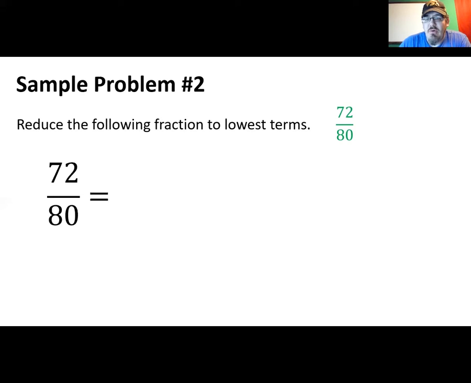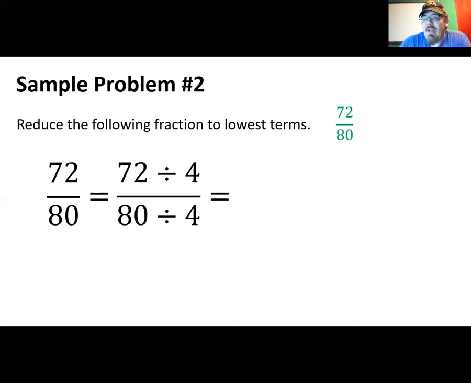Like we said before, whatever you do to the top, you want to make sure you do to the bottom. This time though, instead of multiplying, we're going to divide. As long as you divide the numerator and the denominator by the same thing, you're going to end up with a fraction that is equivalent to what you started with.